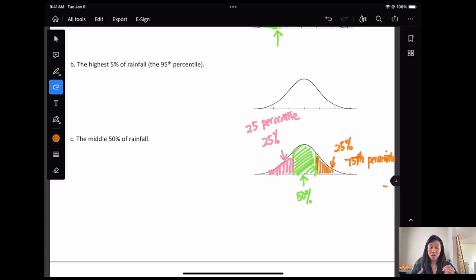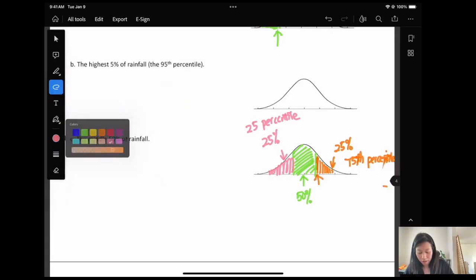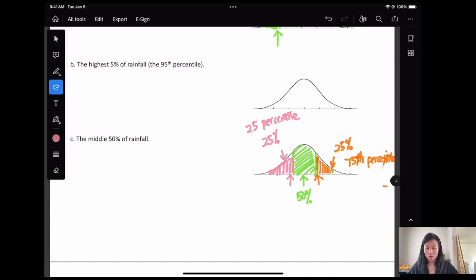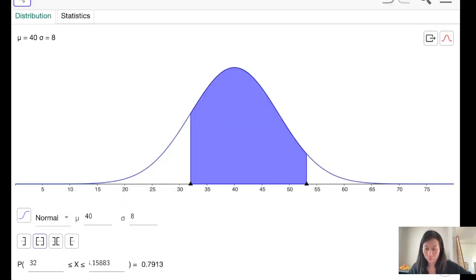So we can use that to find the cutoff value in here and in here. Okay, here's GeoGebra. How are we going to do that? Let's find the highest 25%. The highest 25% is going to be on here.